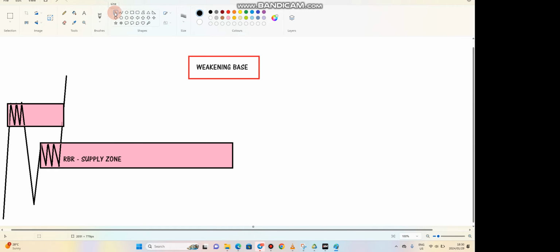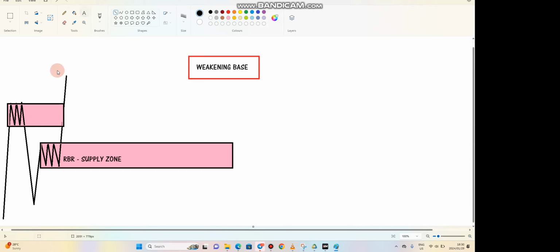Okay, so quickly guys, if you notice here, we've got these two zones. We've got our zone here. This is actually just our rally base drop, our typical rally base drop, and then here we have our rally base rally, which broke that rally base drop.